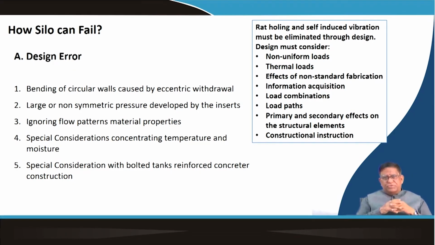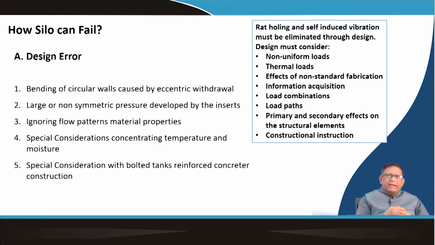While we are designing the silo, our material should come out from the center, but if you are taking it out eccentrically, that means not from the center of the cylinder where you are storing the material, and the evacuation hopper is not properly aligned during the design, and you make the withdrawal eccentric, there may be a problem.